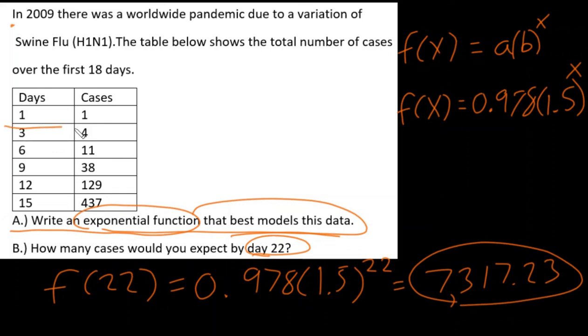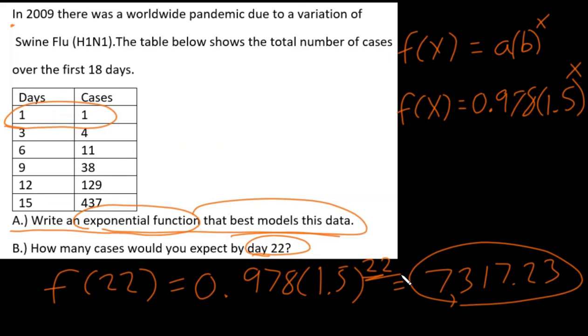And I want you to think about this number. If on day number 1 we started out with one case, by day number 22 we have 7,317 cases, we could say that this grows very, very quickly. And in fact, I believe in the first year of the H1N1 pandemic, could be wrong here, but the article that I read said that over 60 million people were infected.